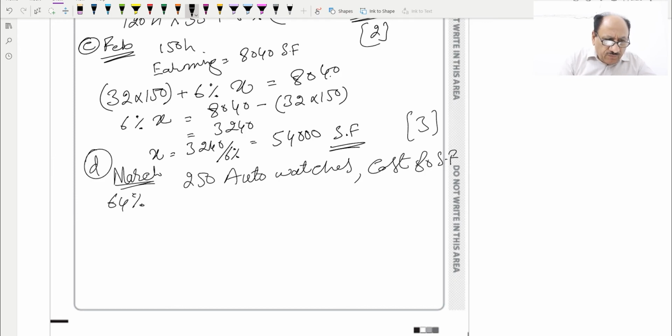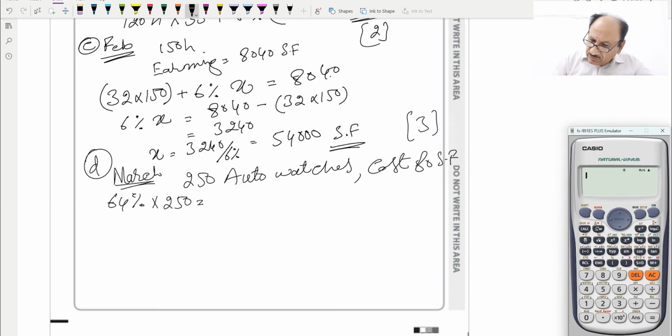64% of these automatic watches are sold for 140. So 64% of 250 are sold, and 64% of 250 will be equal to 160.